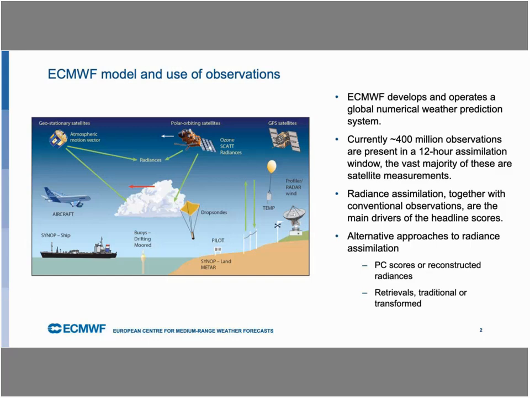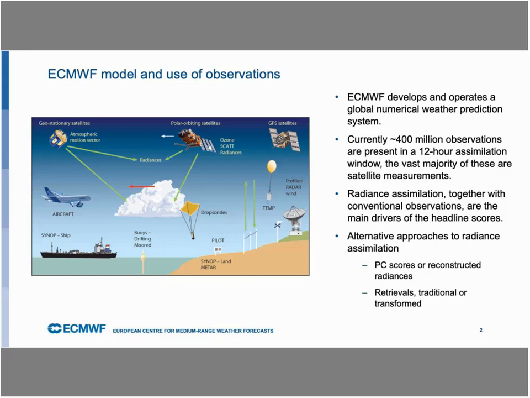For example, for IASI, currently it's 220 channels which are used actively from close to 8,000 channels which are available. And this amount of data that is available will only increase because the next generation IASI will have double the amount of channels, and MTG IRS will have close to 2,000 channels and very good temporal resolution as well.